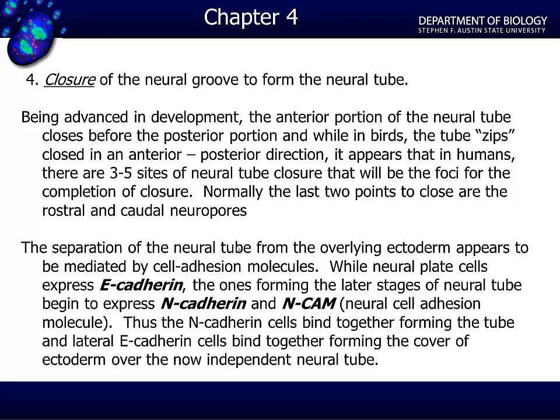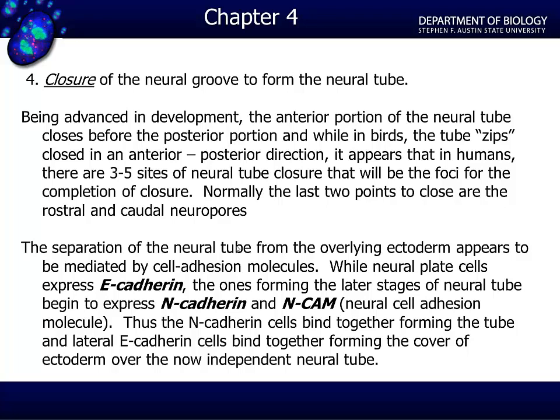But in humans, there appear to be 3 to 5 different sites where the neural ectoderm is going to contact each other, and it's going to start zipping anteriorly and posteriorly from all of those points until we get to the final 2 places that still have to be closed, and that's going to be the rostral, which refers to your nose, or the cranial neuropore, and the caudal neuropore. We saw those openings in the video where the head and then the tail would be. Those are the last places that zip up for the closure of the neural tube.